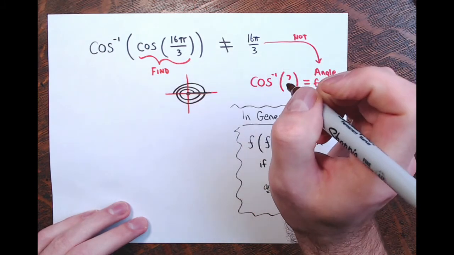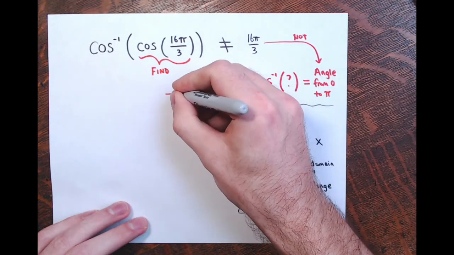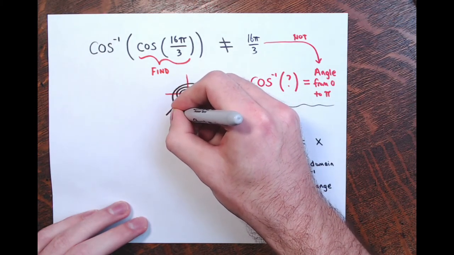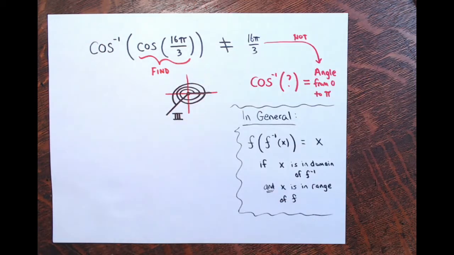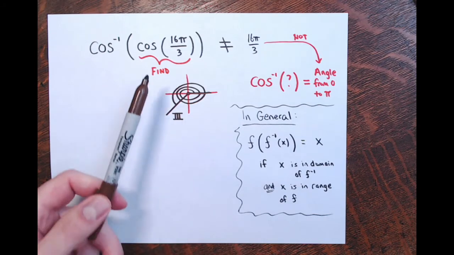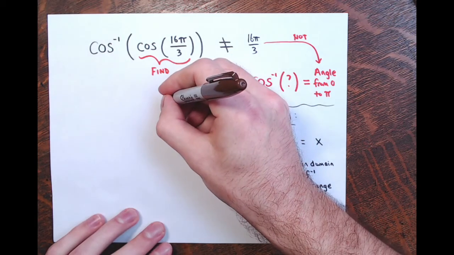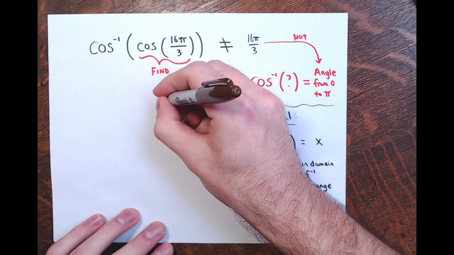That's 15 pi over 3, and then one more pi over 3. So I'm in quadrant 3. And in quadrant 3, the cosine of an angle is going to be negative. The reference angle here is just pi over 3.